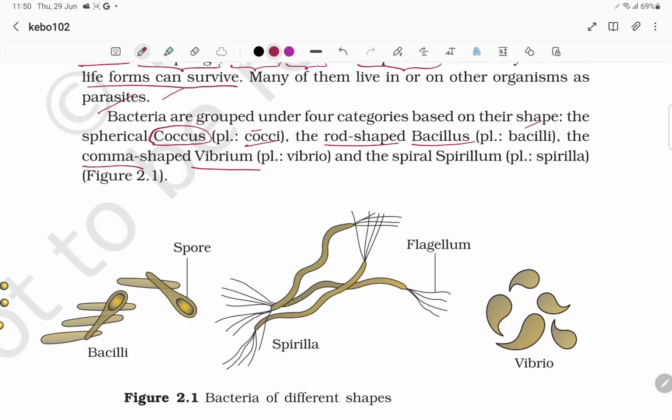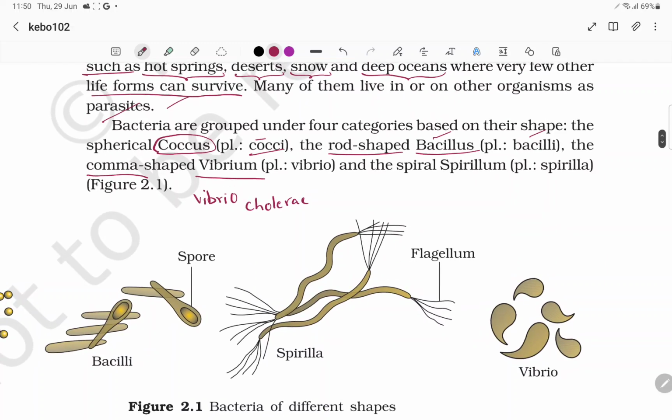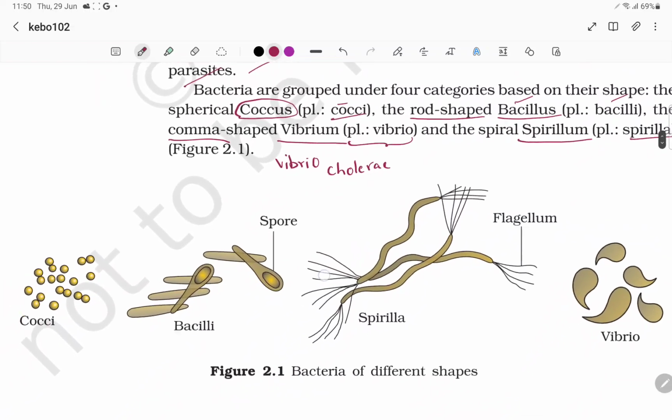We have rod shaped bacteria, lactobacillus, which produces lactic acid. And comma shaped bacteria, Vibrio cholerae. Vibrio is the plural word, Vibrium is singular. And spirillum, whose plural is spirilla. So we have four major shapes of bacteria.